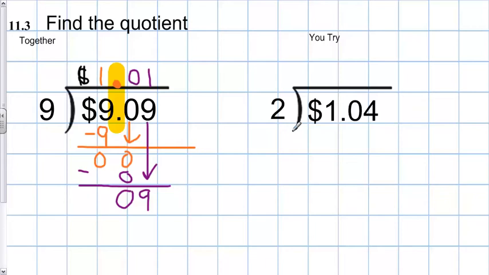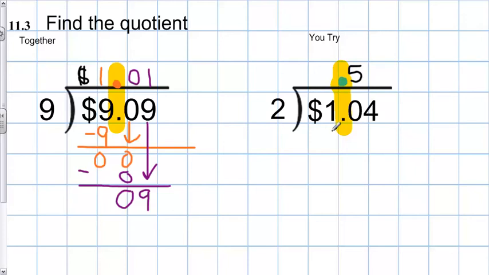Alright, now you're going to try this one. $1.04 divided by 2. So hit pause on your video and try this one out. Alright, first thing I'm going to do, pull my decimal point straight up. Got the decimal point there. It looks like 2 doesn't go into 1, so I'm going to make it 10.